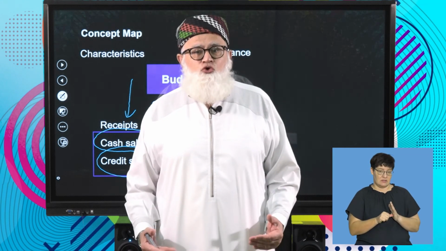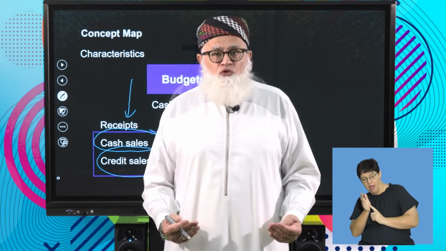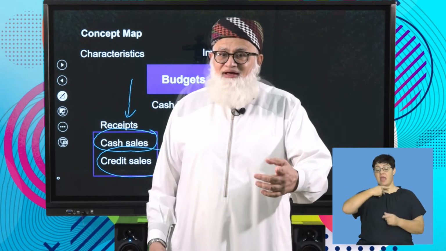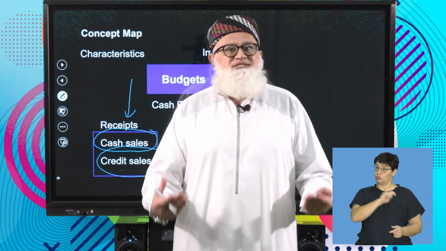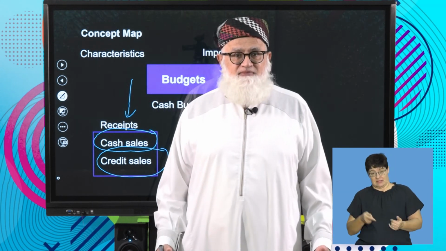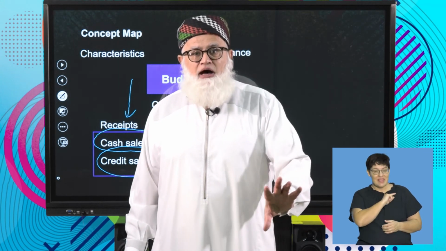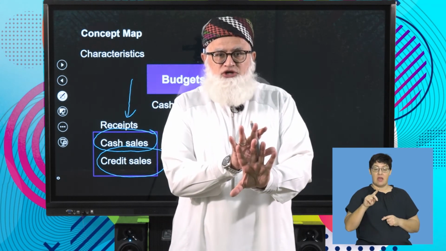It will give you an indication of what you expect to receive from your debtors. Now remember, it's again an expectation, it's a forecast, it's not what's actually going to happen. And therefore, you will find out that your debtors collection schedule would actually feed in to your cash budget. Why?